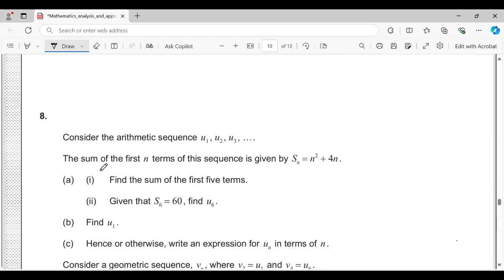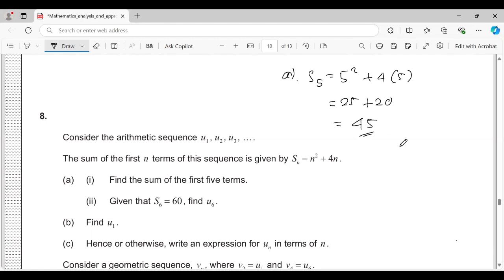Find the sum of the first 5 terms. Okay, I'm going to write it on the space. As n is 5, it means 5 squared plus 4 multiplied by 5. So it becomes 25 plus 20 equals 45.